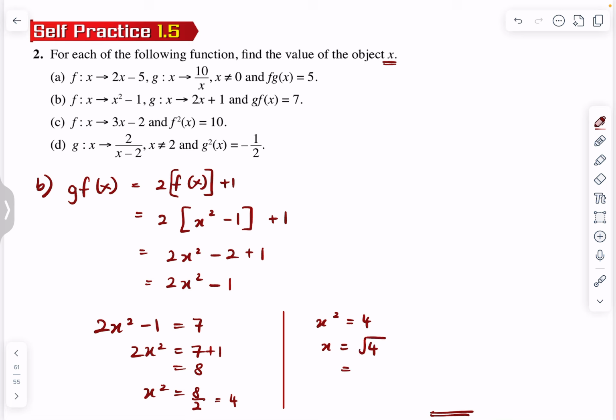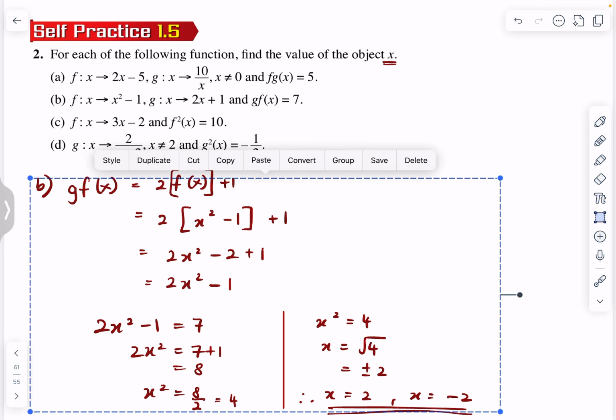So x will be plus minus 2. So x can take 2 values. This is our answer. Right. Let's look at C.